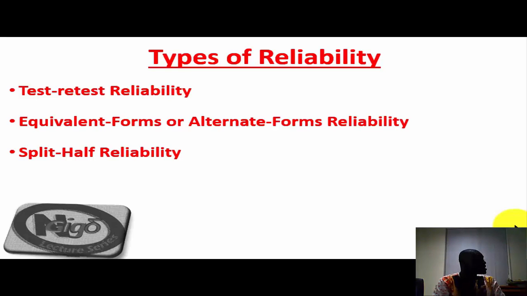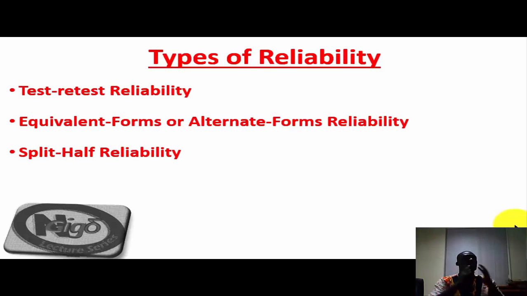So if let's say you have 10 questions, you split them into half. You have question 1 to question 10, and they are all measuring the same construct. When we finish, we split them into two, and then try to correlate them with each other.